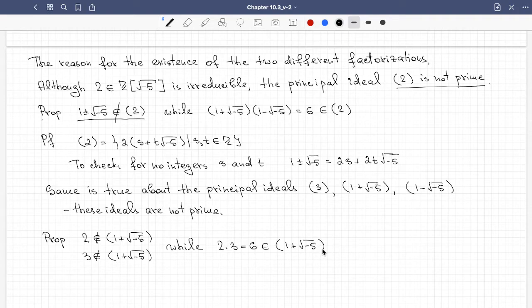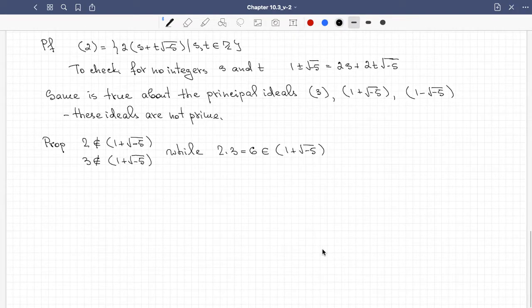That looks a little bit less trivial, and let us check that. That will imply immediately that this ideal is not prime.